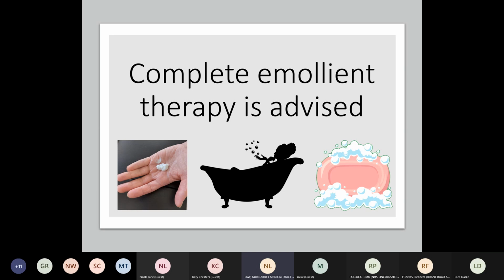Pretty much all the creams that we prescribe as emollients can also be used in the bath and as a soap substitute. The manufacturers do make separate products to put in the bath and to use as soap, but we're advised not to prescribe those because of cost, and because whatever cream you've given them should be fine to use for all three purposes. So yeah, any of them can do that.